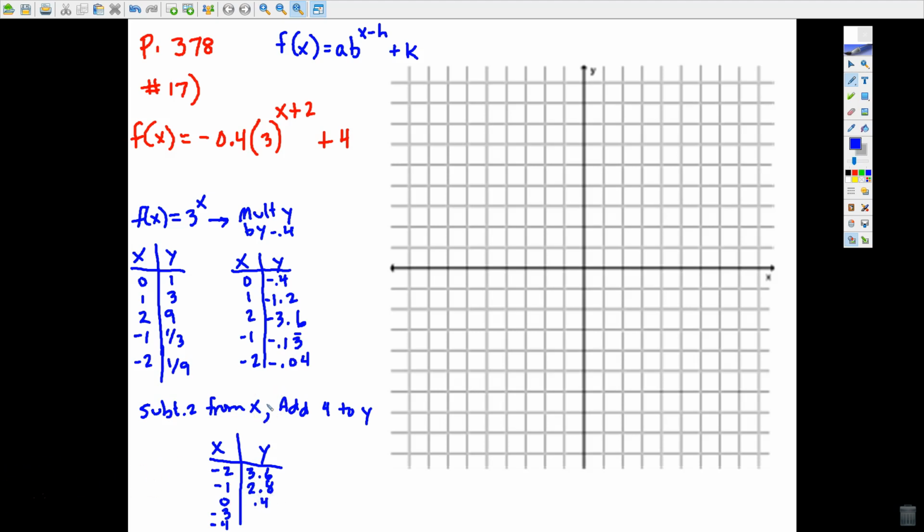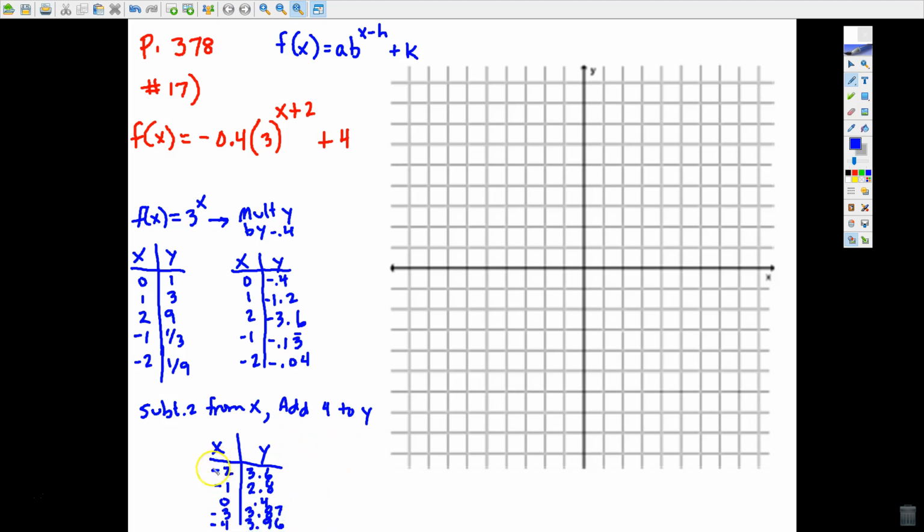Then we have negative 0.13, sorry, we're down here, negative 0.13 plus 4 is 3.87. And we'll try to squeeze this last one in. So negative 0.04 plus 4 is 3.96.